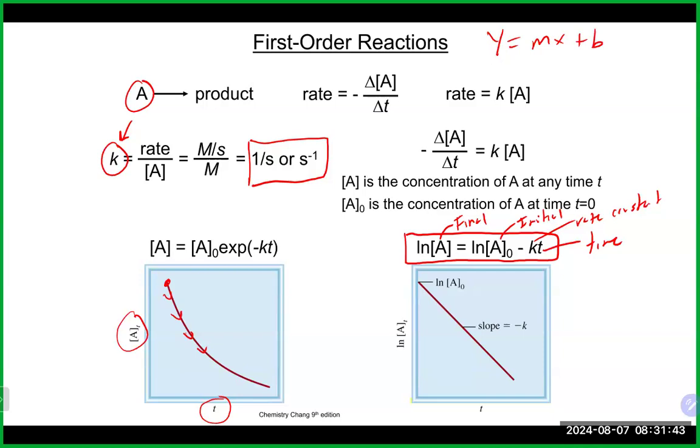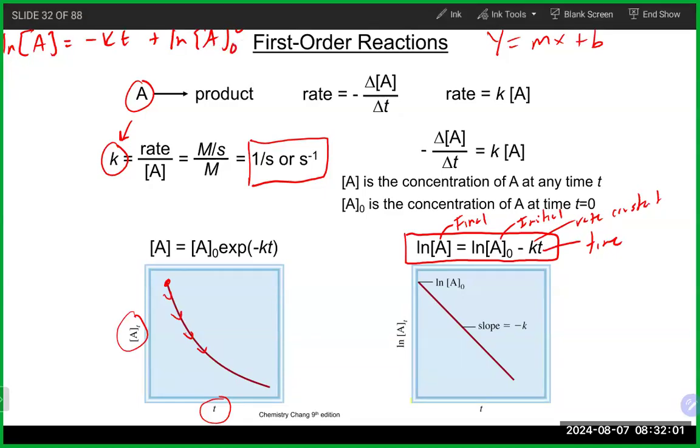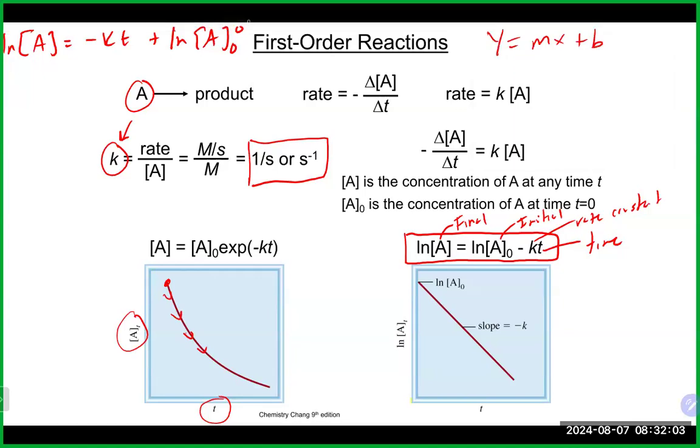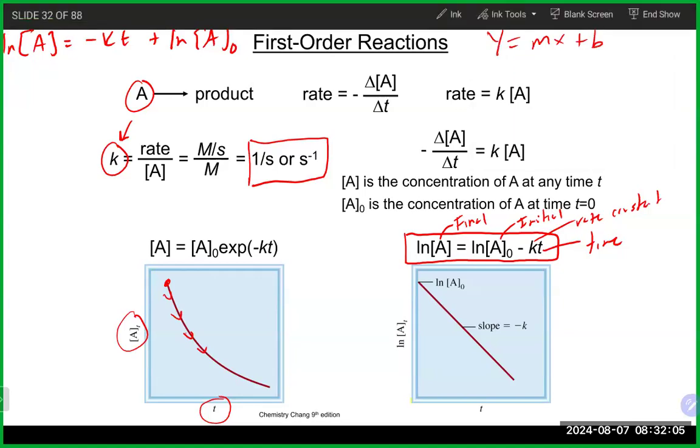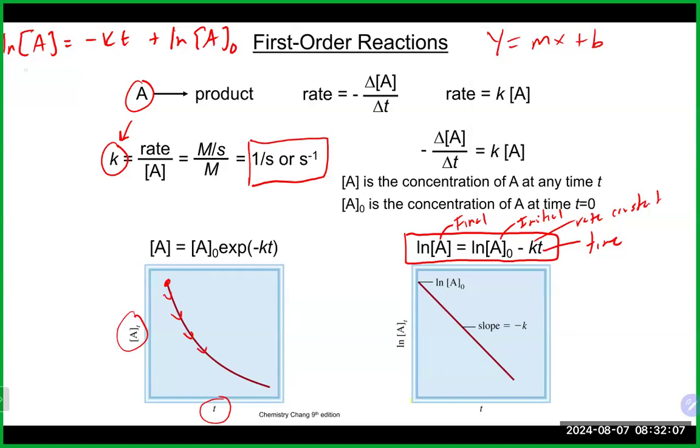So if you take this integrated rate law and rearrange it, you get the natural log of A is equal to minus kt plus the natural log of A naught. This would be written in the form of basically a straight line, and this would be our y is equal to mx plus b.